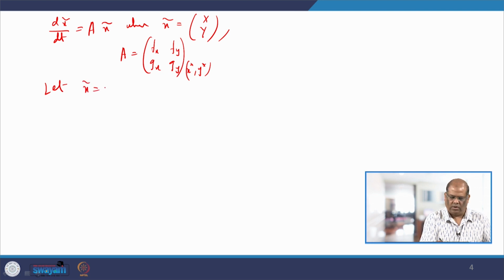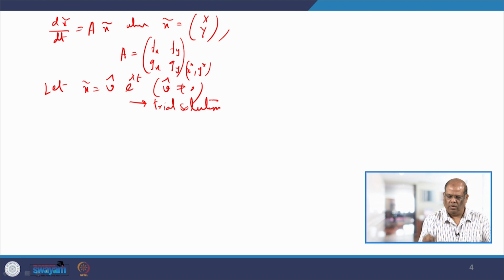Now, let X equal to v hat e to the power lambda t, where v hat not equal to 0 be a trial solution. I am going to substitute it here. dX/dt will give me lambda v hat e to the power lambda t.